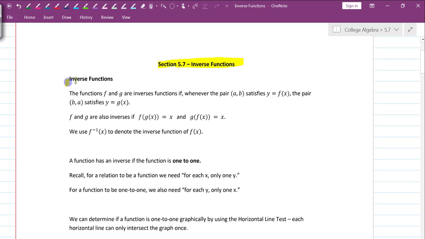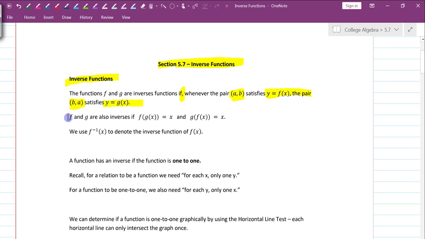In inverse functions, the functions f and g are inverse functions if the pair (a, b) satisfies y equals f of x, and the pair (b, a) satisfies y equals g of x.